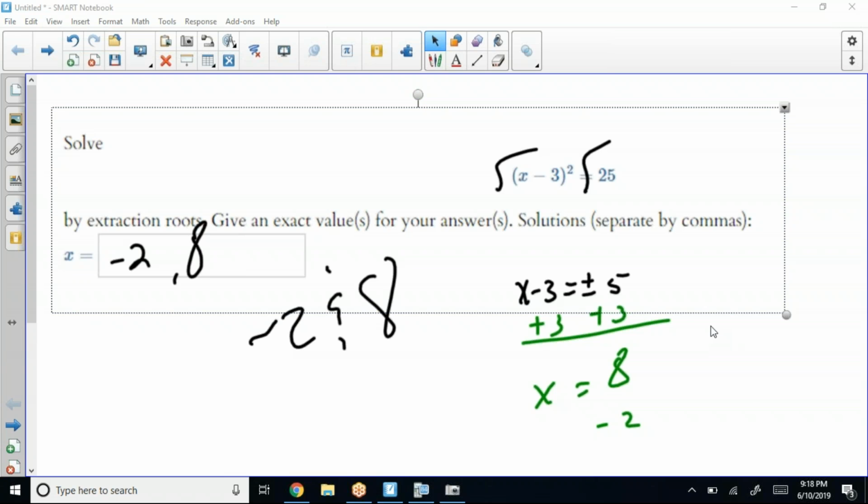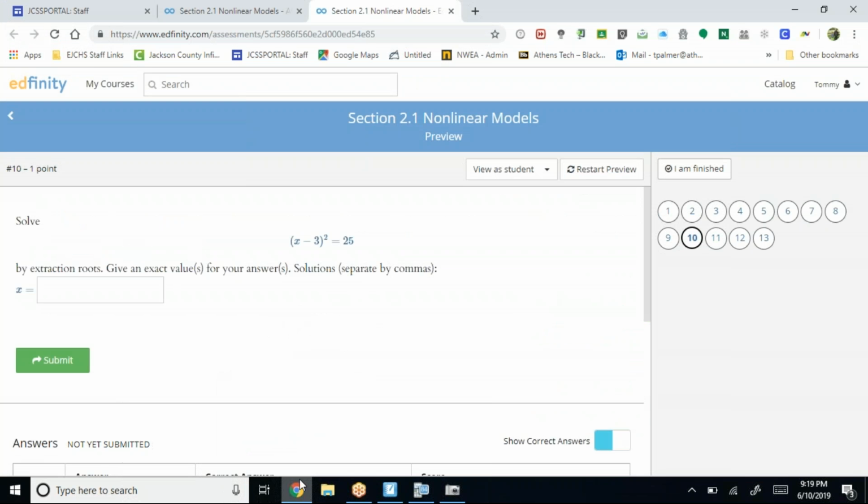Let's see, we got Mitzi. I was having problems with section 2.2, number 8. Okay. Let me go out and get it.